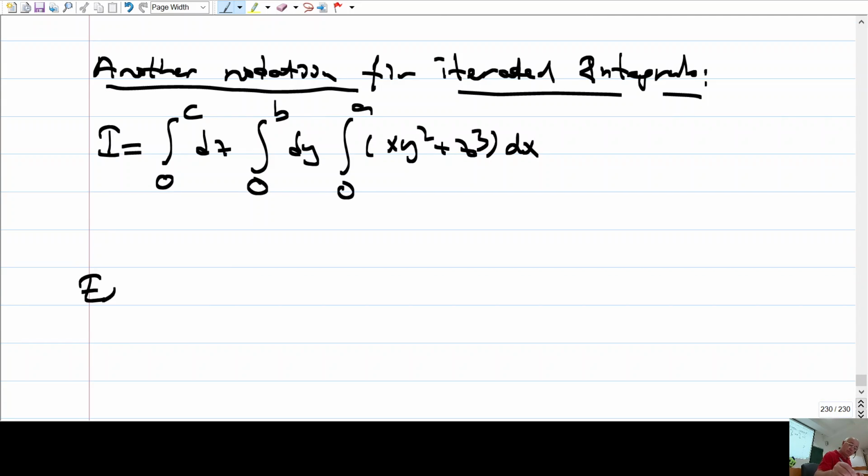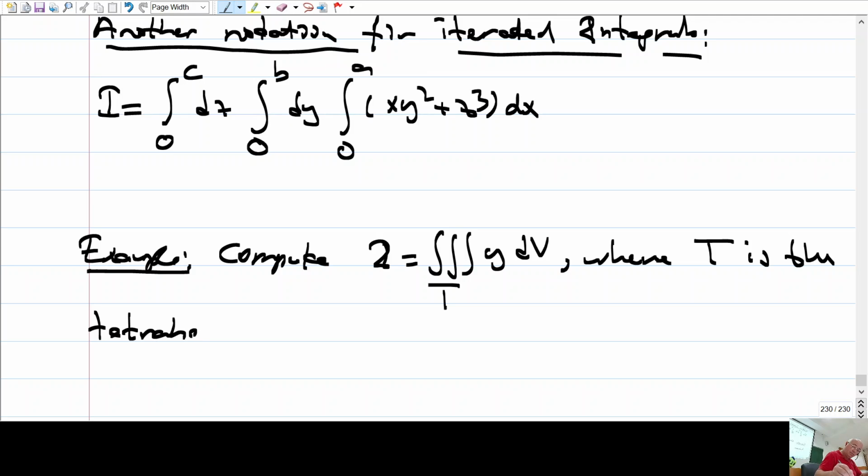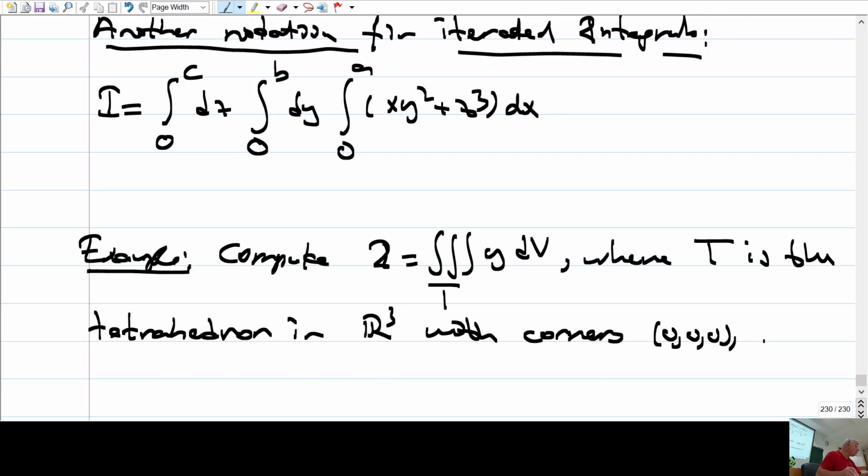Let's do another example. Compute this triple integral over a region T dV, where T is the tetrahedron in R3 with corners 0, 0, 0; 1, 0, 0; 0, 1, 0; and 0, 0, 1.